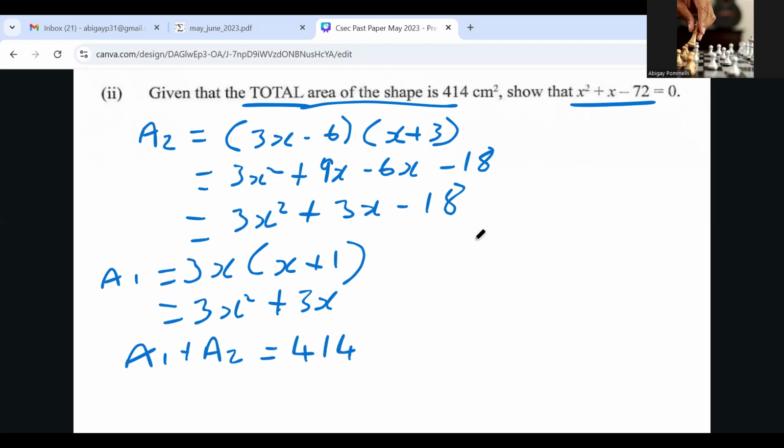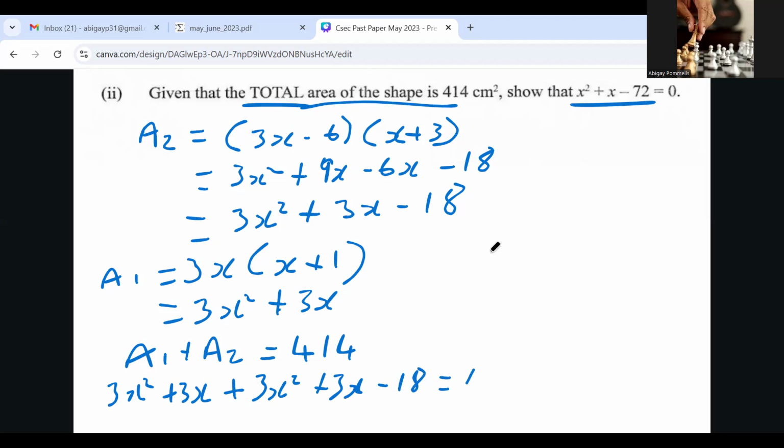So I'm going to substitute our answers down here, which will be A1 is 3x squared plus 3x, plus A2, which is 3x squared plus 3x minus 18.